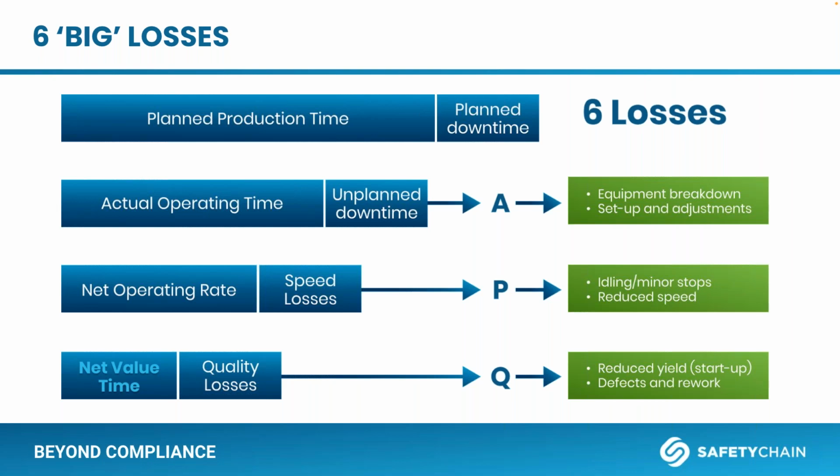Then as the equipment gets running, there may be defects or rework afterwards. So we have those quality losses: reduced yield at startup and defects or rework when we get to operational speed. Net operating rate less our quality losses gives us our net value time. So those are defined as the six big losses.